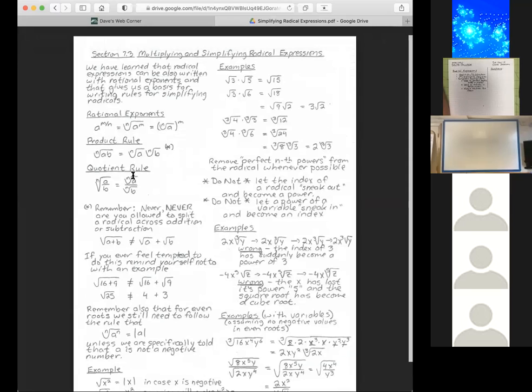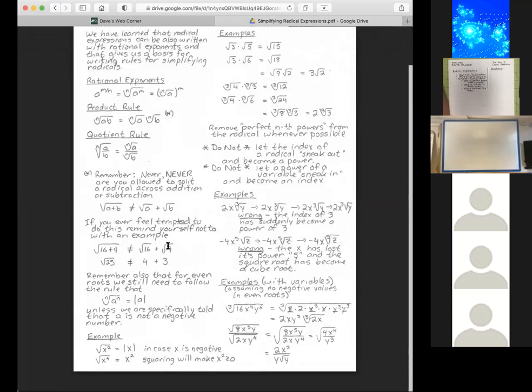You have something called the product rule: a radical of a product is the product of the radicals. Quotient rule: a radical of a quotient is the quotient of the radicals. You're allowed to split radicals up by multiplication or division, never by addition or subtraction.